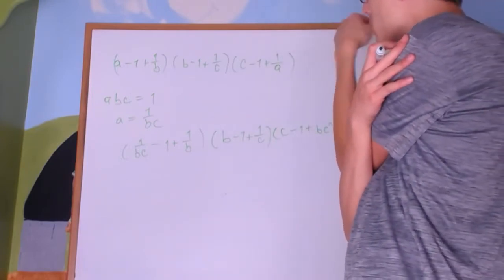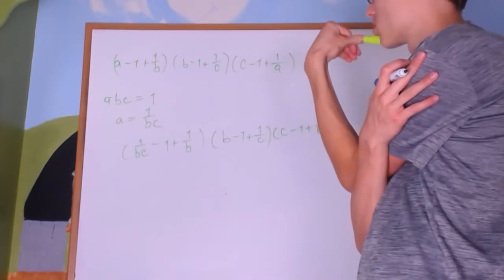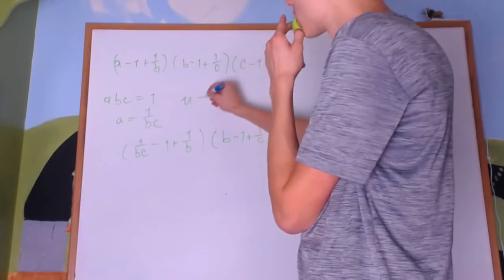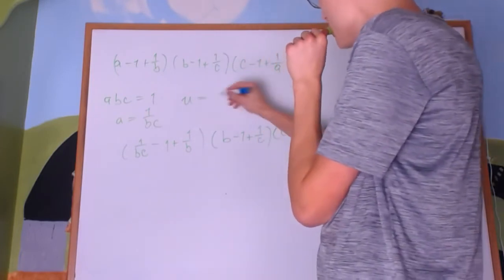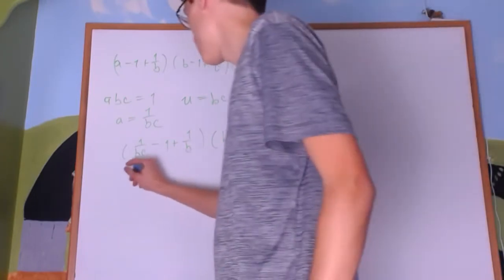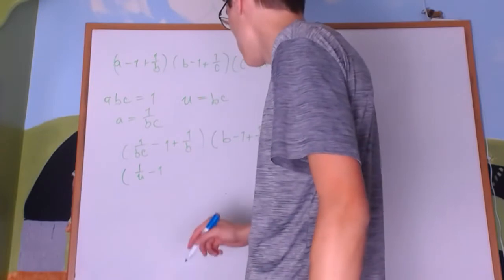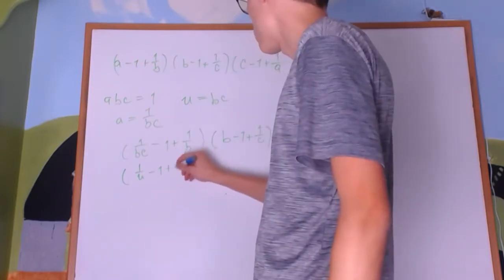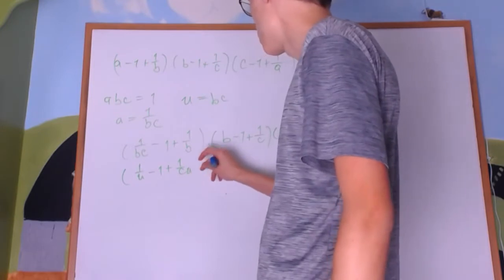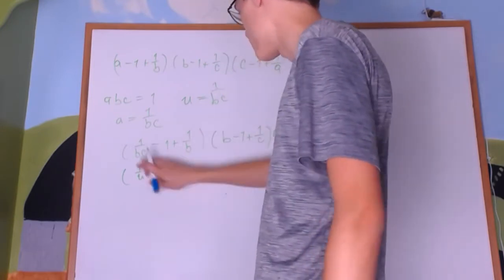It's a smart substitution here. So if I do U equals BC, what would that give me? Right, so that's 1 over U minus 1 plus 1 over C U, or C over U. Okay, let's do 1 over BC there.